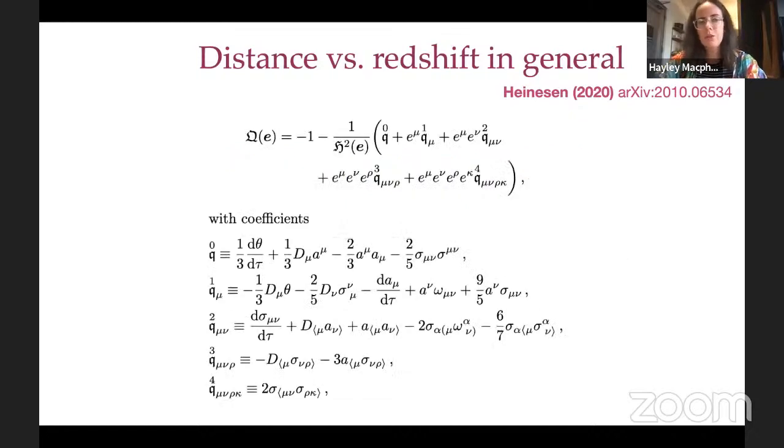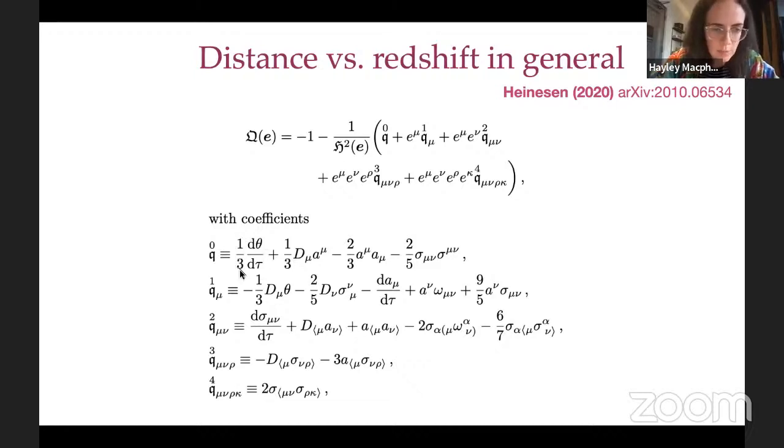And so just to go to the next parameter, I'm not going to show all of them. I'll just show the deceleration parameter just for illustrative purposes. So this obviously gets a little bit more complicated as we go to higher order in redshift. But similarly, we can see we've got a monopole component given by this Q0 here, which is the first line in these coefficients. And specifically this first term here, this d theta dt, is the term that reduces to the A double dot term that we're used to seeing in the FLRW metric.